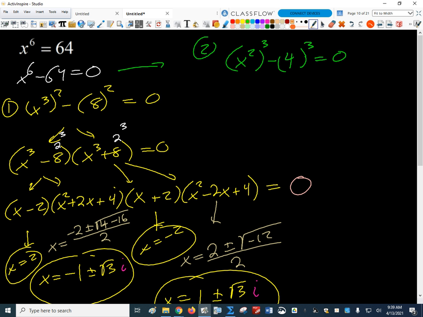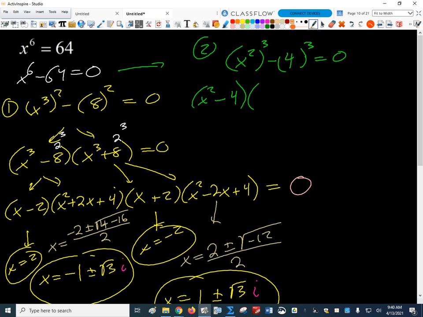Okay, so that's a difference of cubes, right? So that's going to look like a, which is x squared, minus b, which is 4. Okay, well, there's our plus and minus 2, right? That's no big deal. But look at this other ugly thing we get.